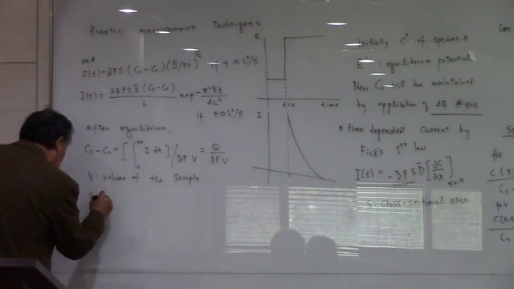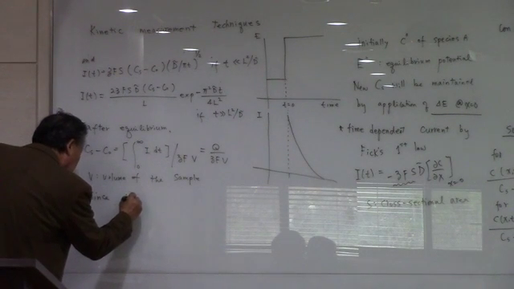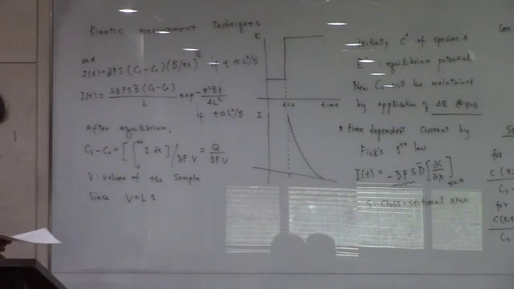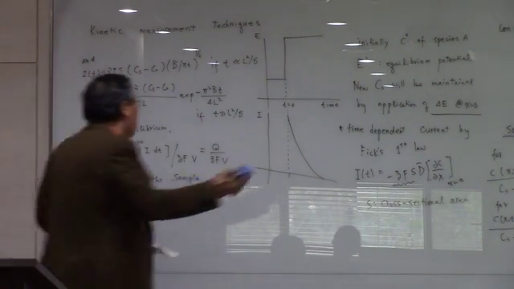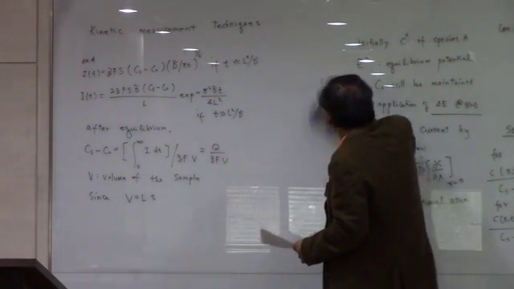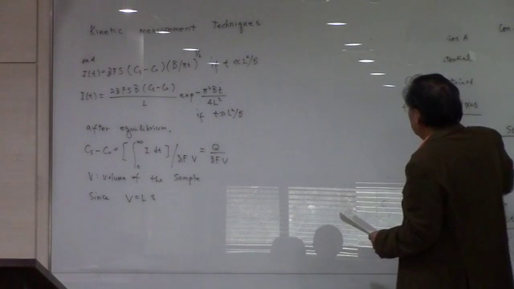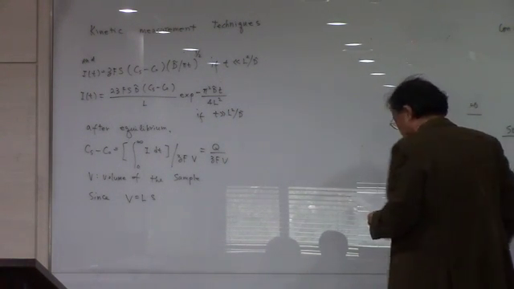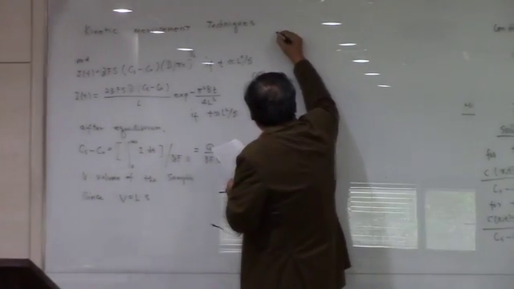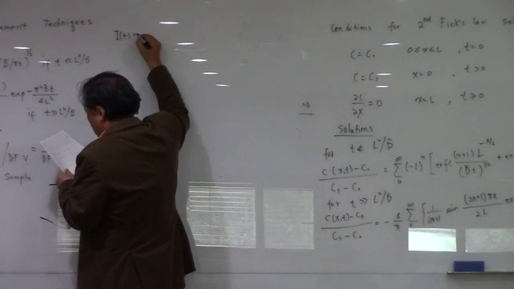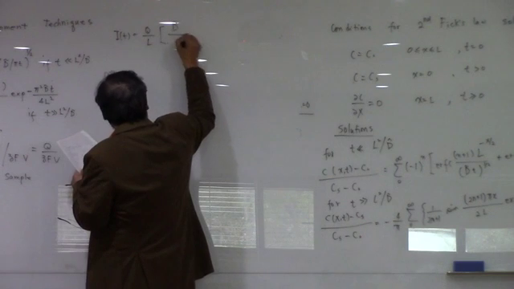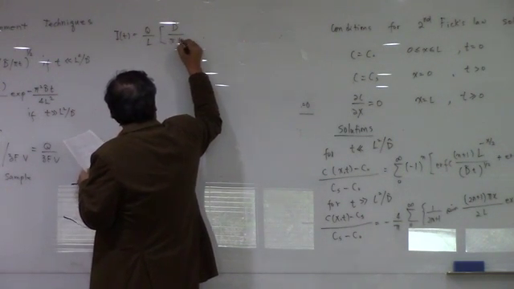And since volume is nothing but length and thickness and the surface area, we can see that the current change is going to be QL D over pi t.